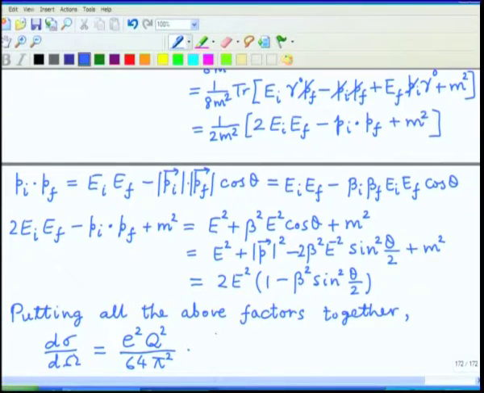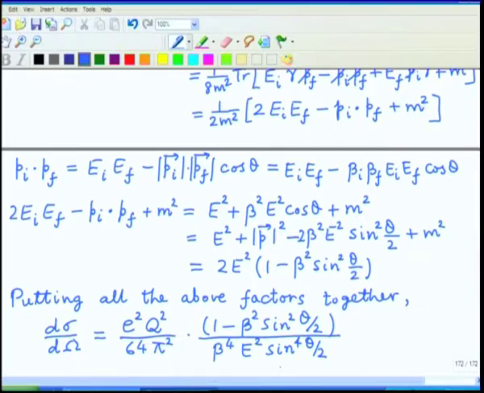There is a factor which is just what we calculated, 1 minus beta square sin square theta by 2, and there is the denominator which comes essentially from the normalization coming from the flux, and all these factors of E square have been included in the normalization. So, this is the final result.